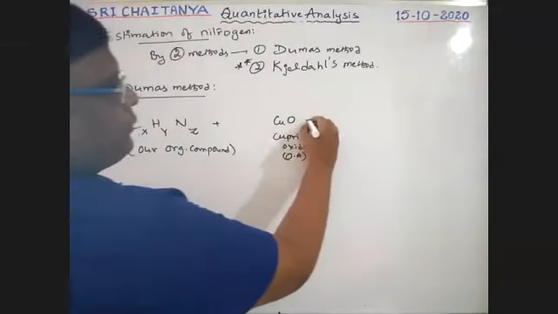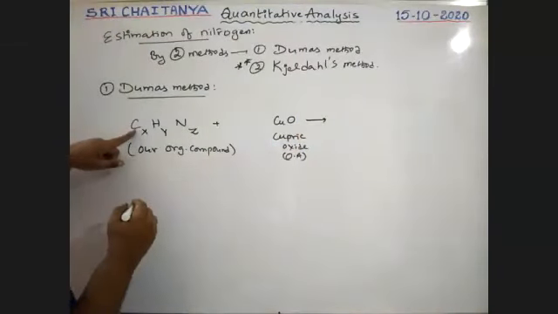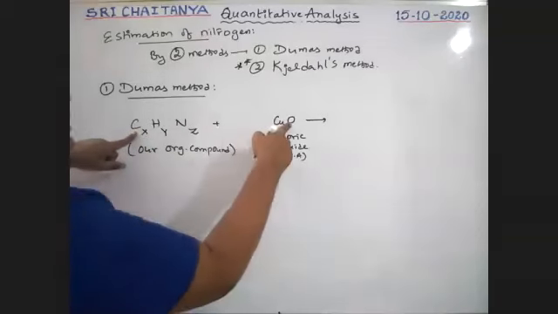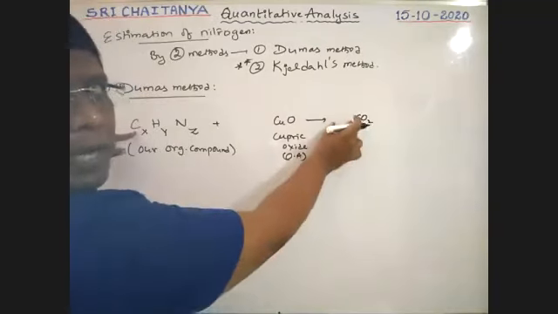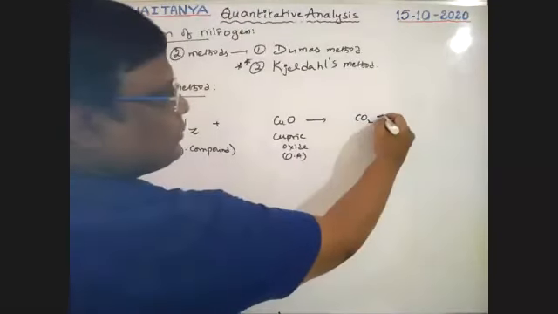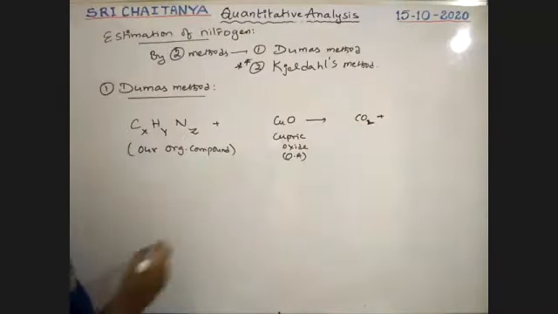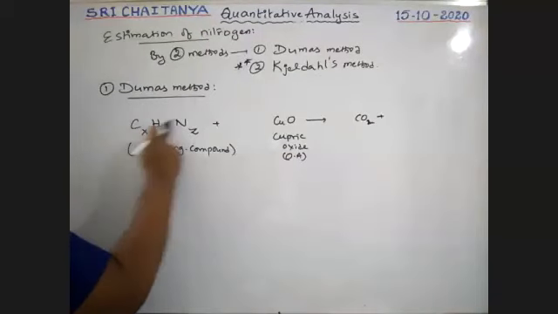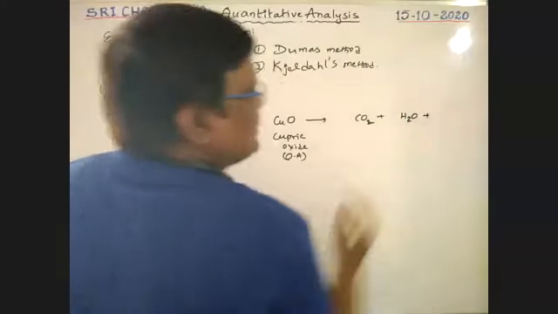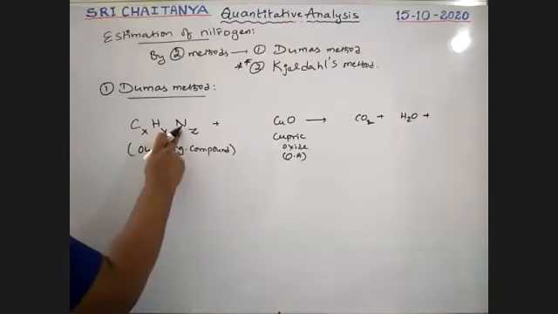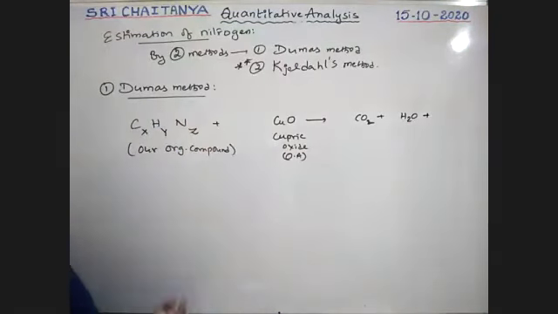I am going to balance it finally. Now, the entire carbon present in this organic compound with oxygen converts into carbon dioxide. Plus, hydrogen with oxygen combination gives H2O, plus nitrogen itself is converted into N2 gas.